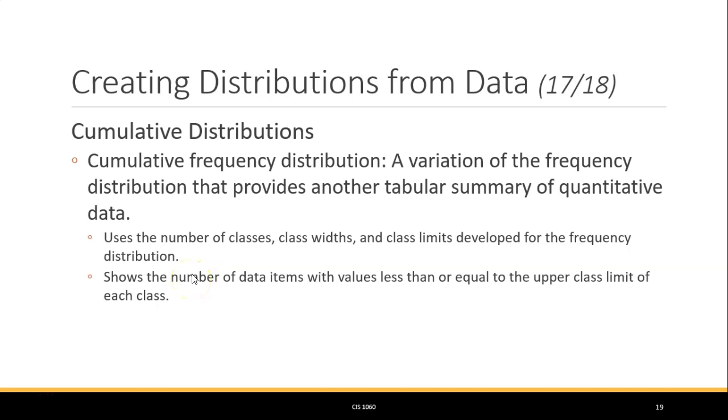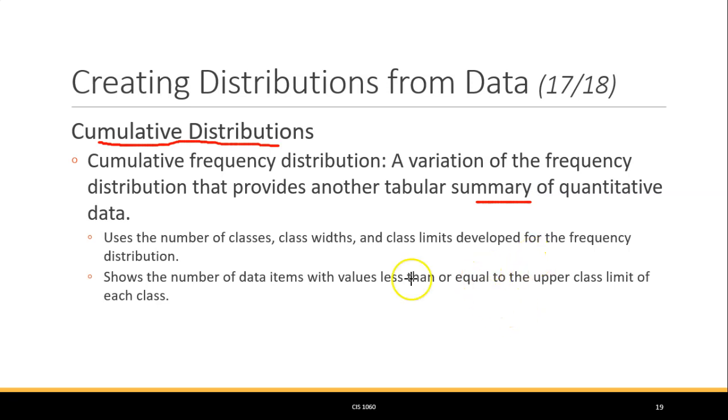All right, the last concept to take note of when it comes to data distributions is the idea of cumulative distributions. Cumulative distributions sounds really scary, but basically it's just another summary value.